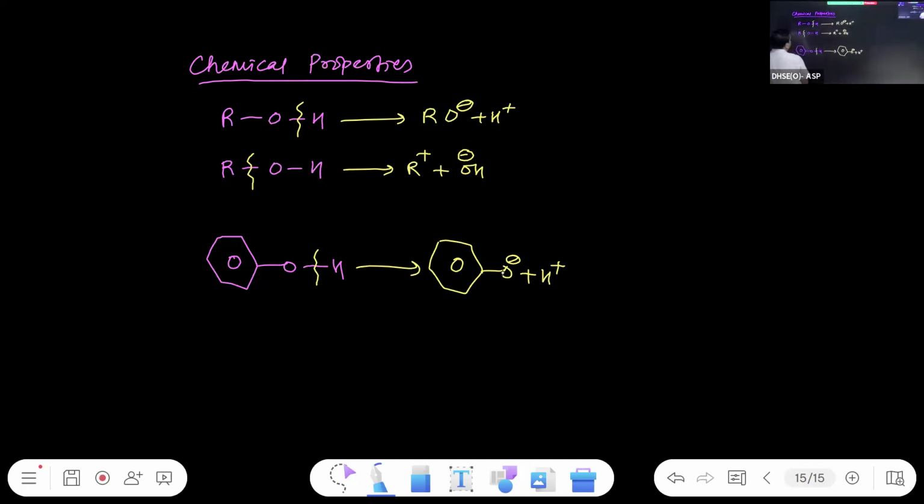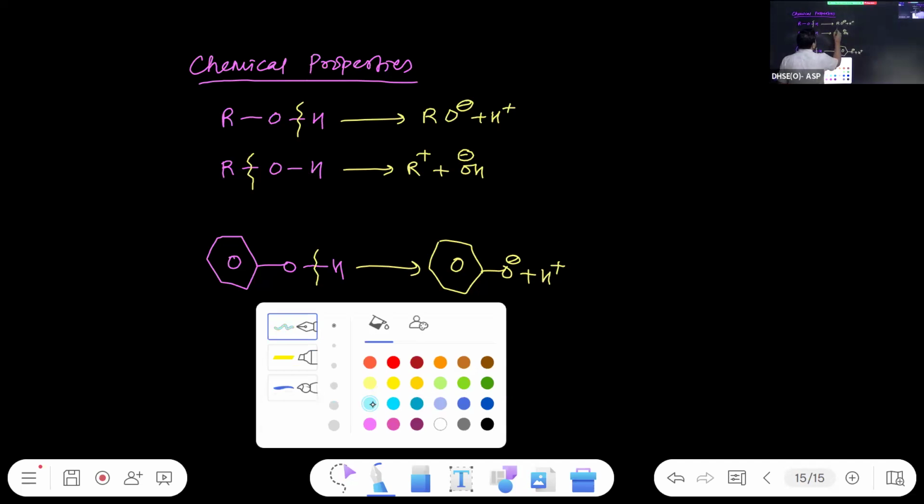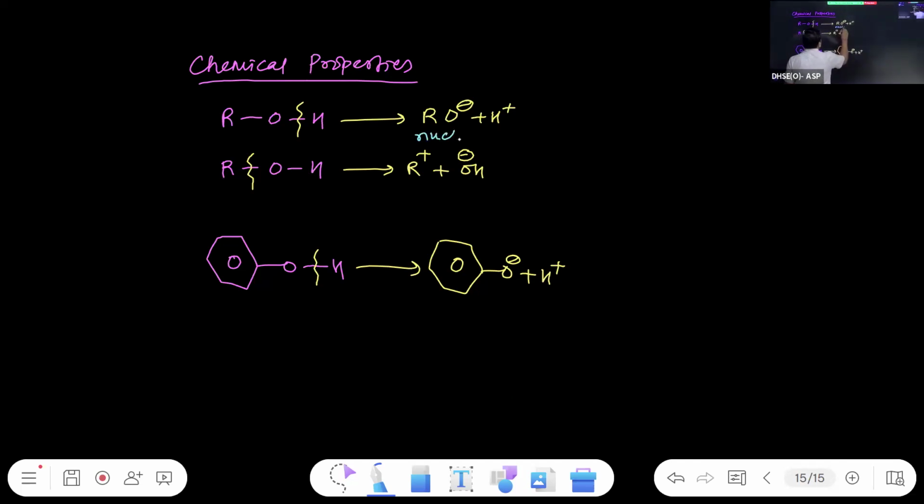In alcohol, there is no partial double bond character. So if RO minus forms, it shows the nucleophilic nature. If R plus forms, it shows electrophilic nature.